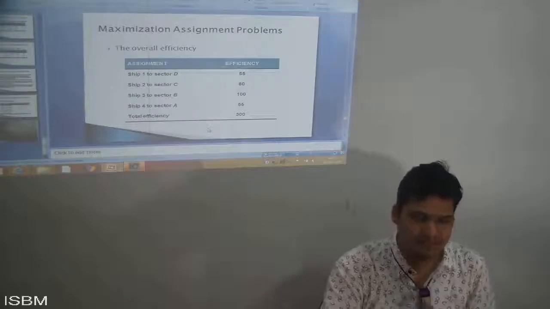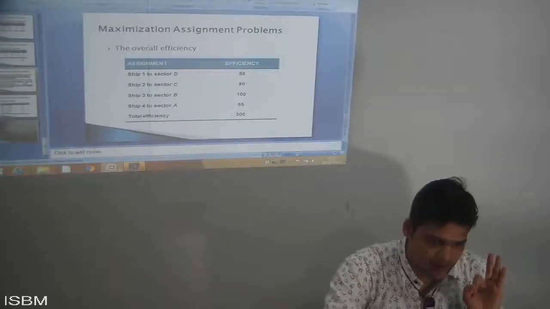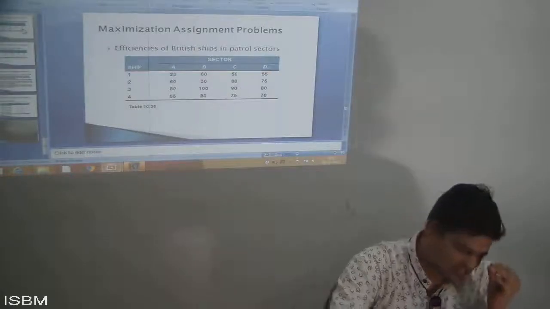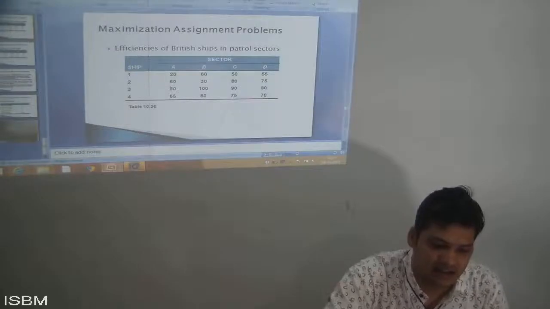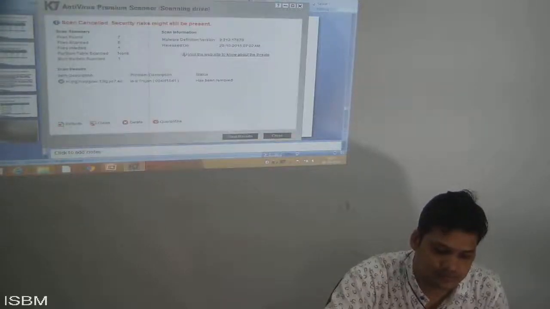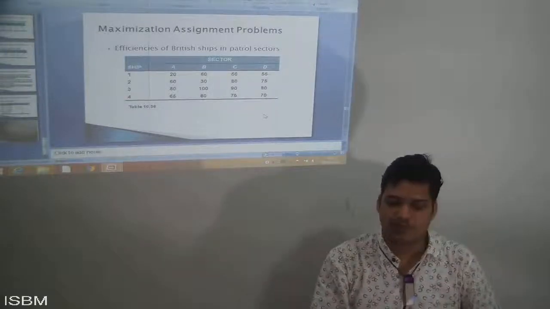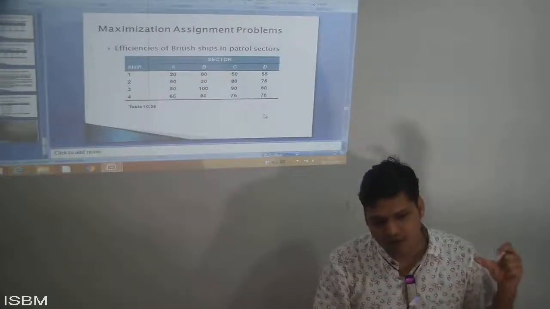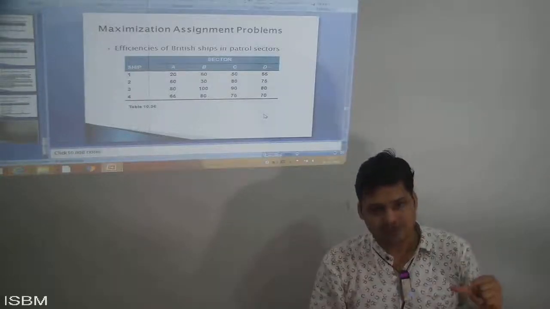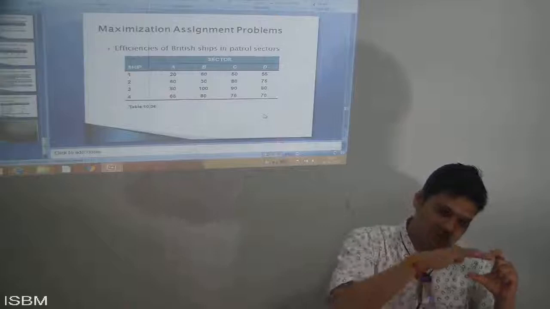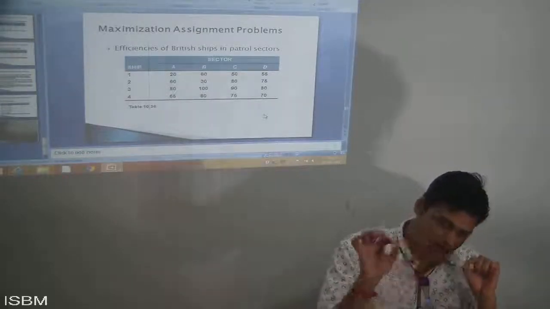So we have done with the assignment problem, which is very easy. Hope you understand, because this is one of the easiest problems in quantitative techniques. You don't need to do anything, you only need to apply. You only need to subtract the smallest value from the column and from the row.